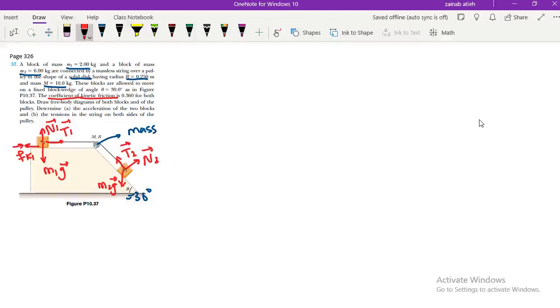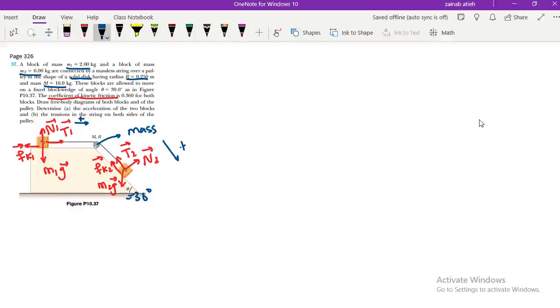Don't forget the system is moving downward, so the friction is like this. This is the kinetic friction too, because for sure the system cannot go upward, it must go down. So the positive sense for M2 will be like this. This is the positive sense for M2. The positive sense for M1 will be like this. Now these are the forces acting on M1 and M2.